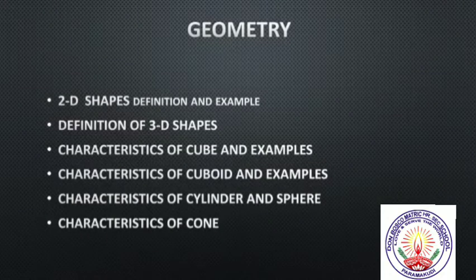It is called 2-dimension. Circle, triangle, square, these all are example objects for 2D.